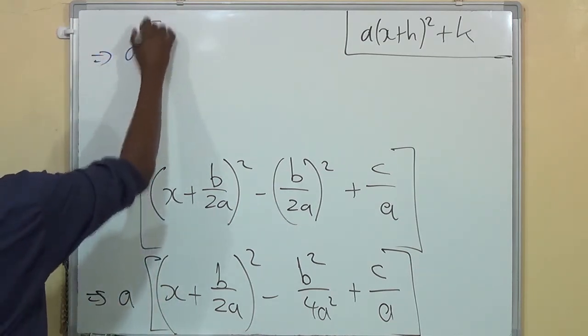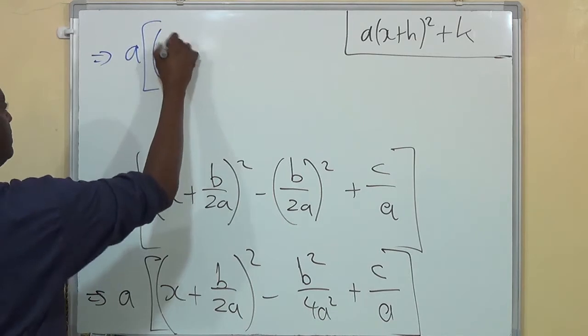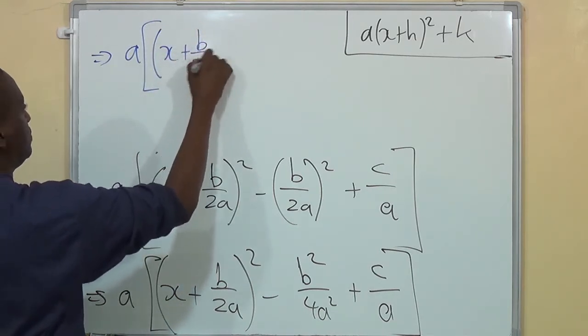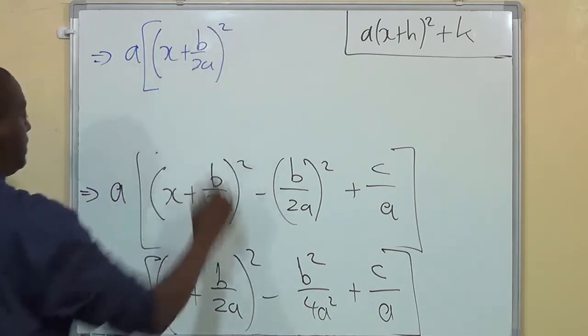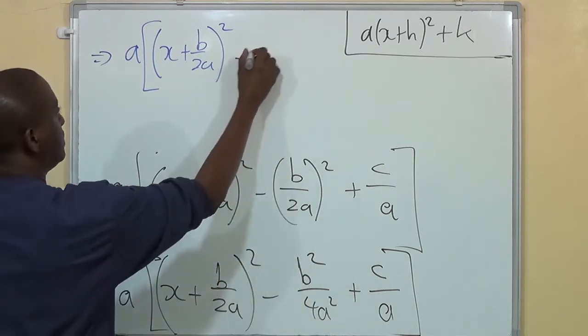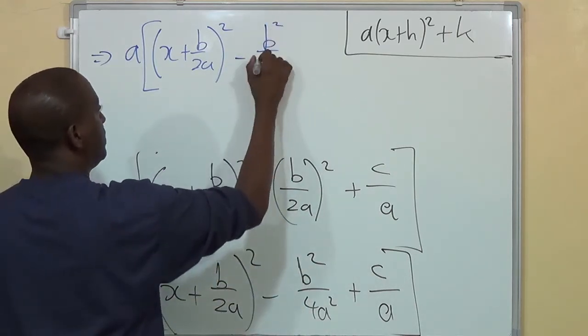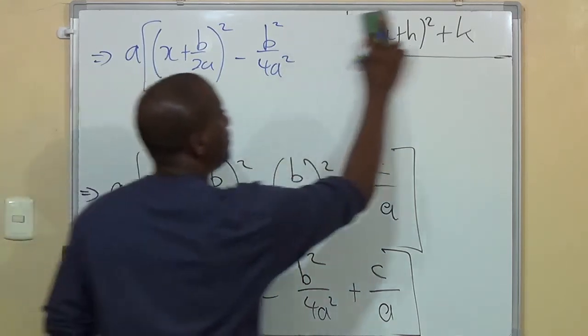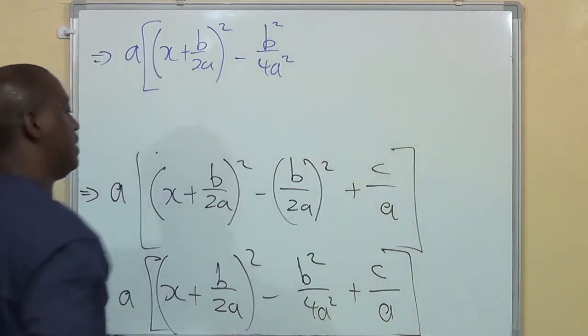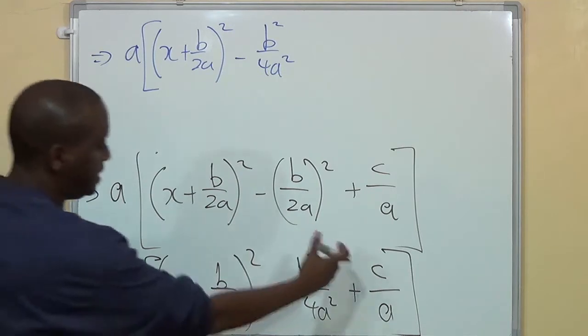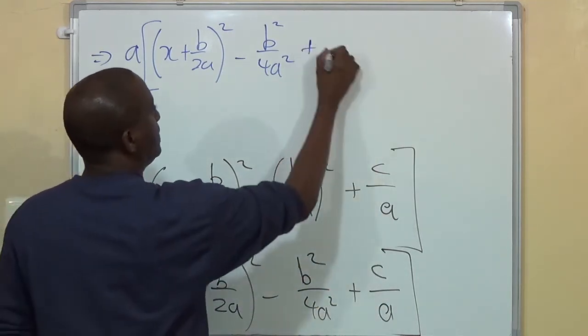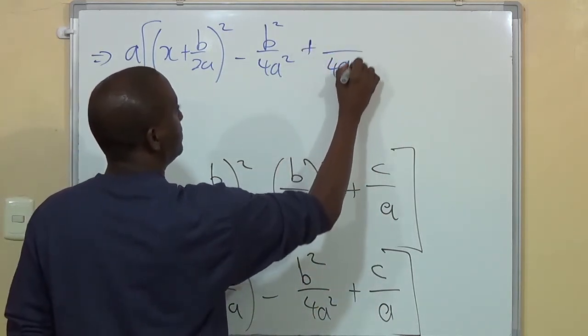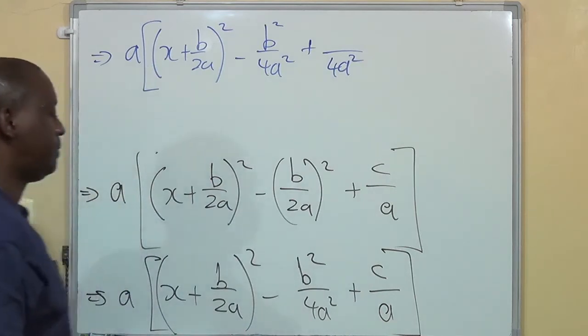So you get a into brackets x plus b over 2a squared minus b squared over 4a squared. And I'm going to move this now for the sake of space and clarity. c over a is something over 4a squared. Good?